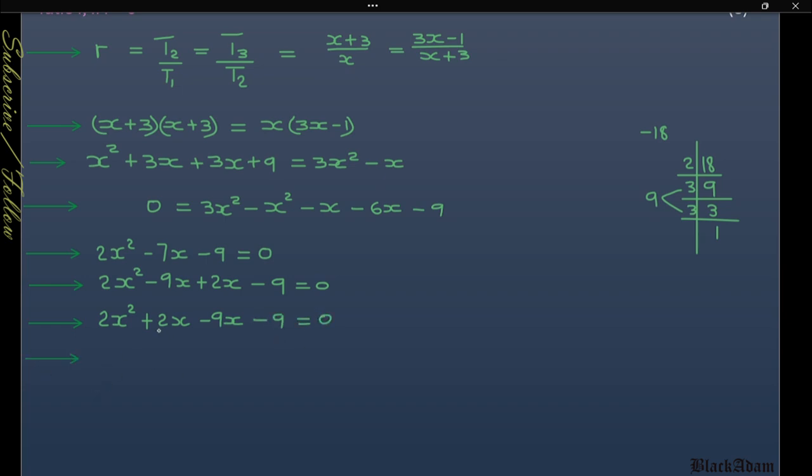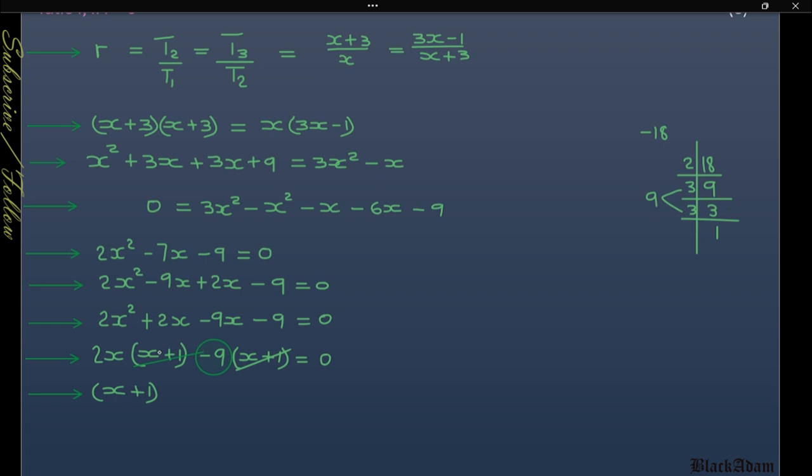Then from there we factor the first two. That's 2x into x: 2x squared, that will be x, and then 2x into 2x will be 1, and then we copy that part, x plus 1. Then we have negative 9, so we have x plus 1 as our factor as well, and we factor it out.